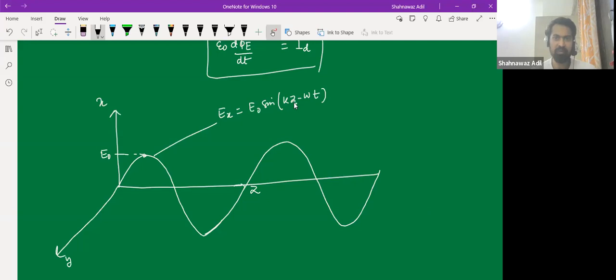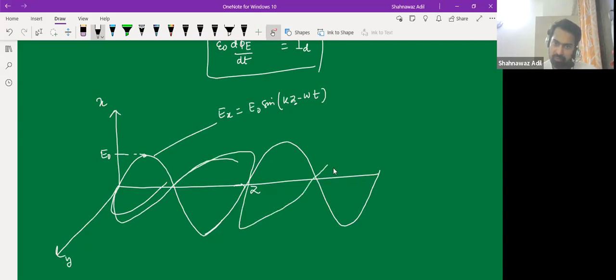So direction of propagation is Z direction. And then you have these ones, right? Then you have this propagation in the YZ axis.